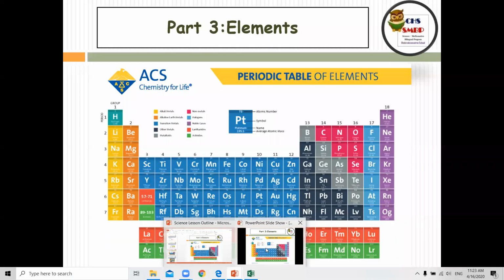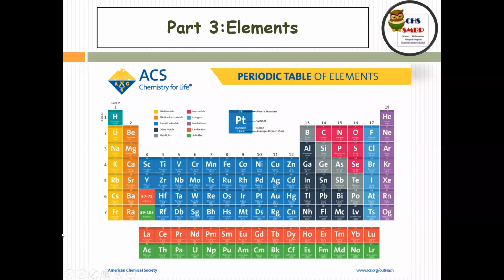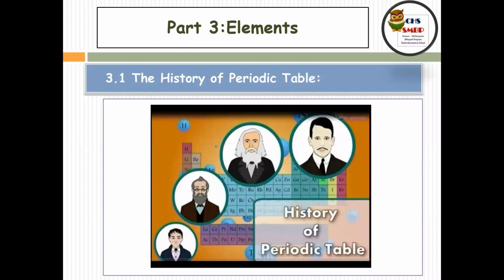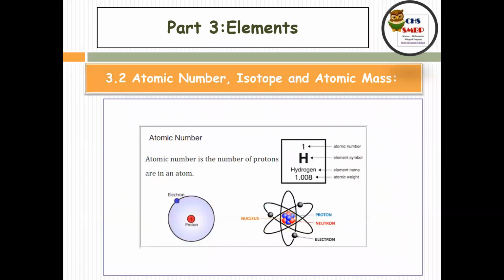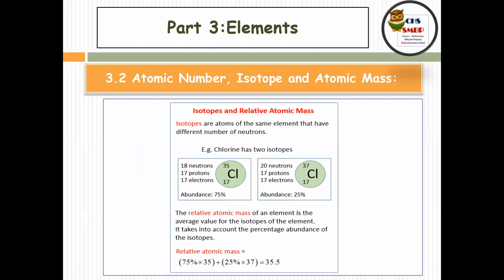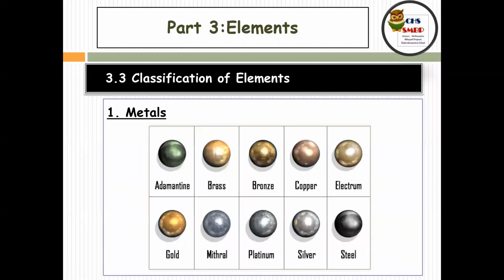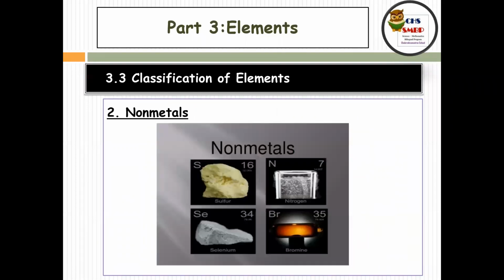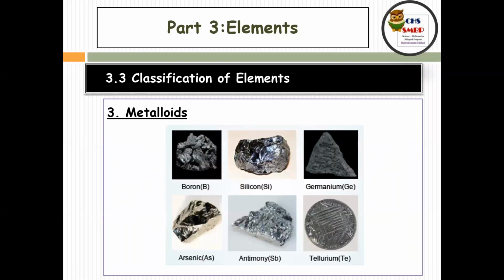Now I will give you some ideas about how it looks. So you can see the periodic table, and we'll study the periodic table. Then the history of the periodic table. Then we will learn about atomic number, isotope, and atomic mass. That's what you can see over here. Then you see the classification of elements, such as metals, nonmetals, and metalloids.